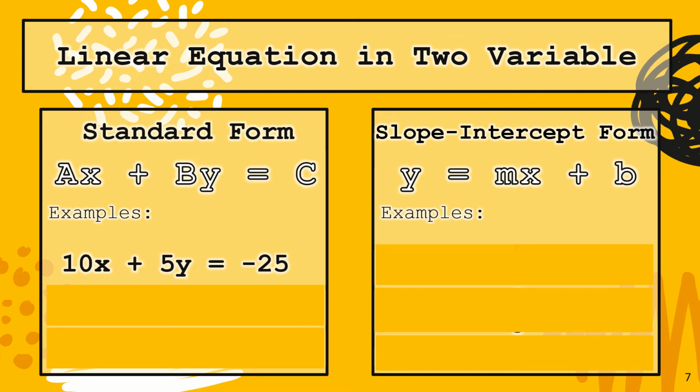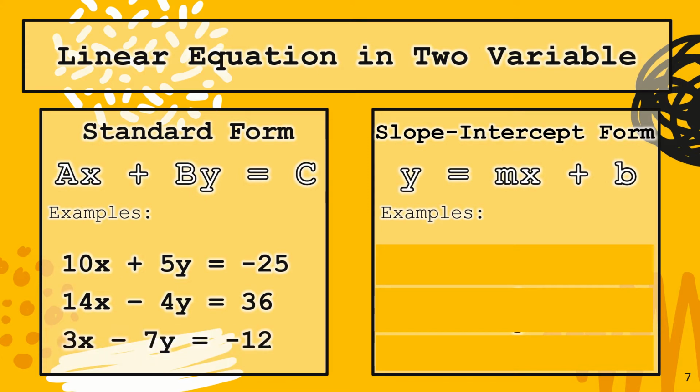We have 10x + 5y = -25, 14x - 4y = 36, and 3x - 7y = -12. A, b, and c are real numbers, but a should always be positive.